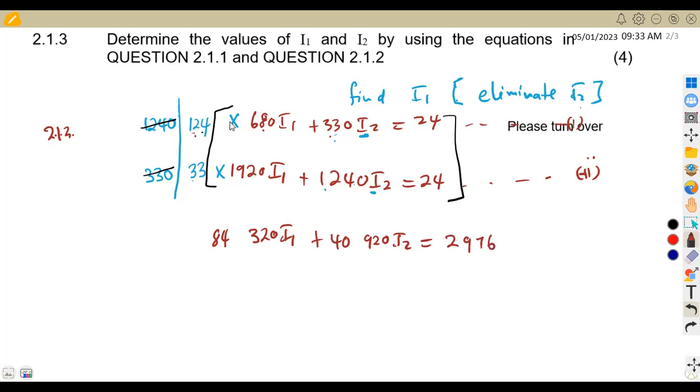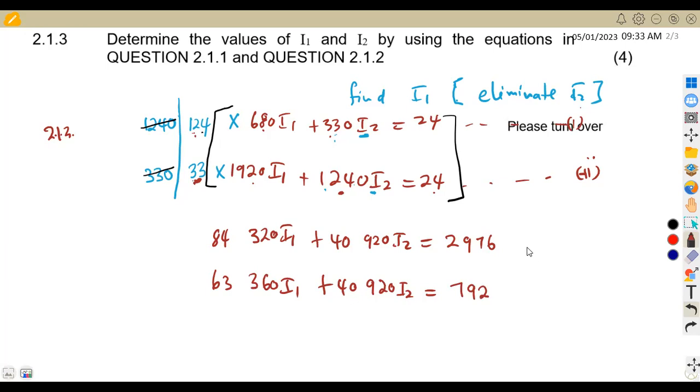So this part multiplies everything from equation 1. Same with 33. 33 is going to multiply everything in equation 2. That is 33 times 1,920, which is going to give us 63,360 I1. Then 33 times 1,240, which is going to give us 40,920 I2 in this case. This is equal to 33 times 24, which is 792.